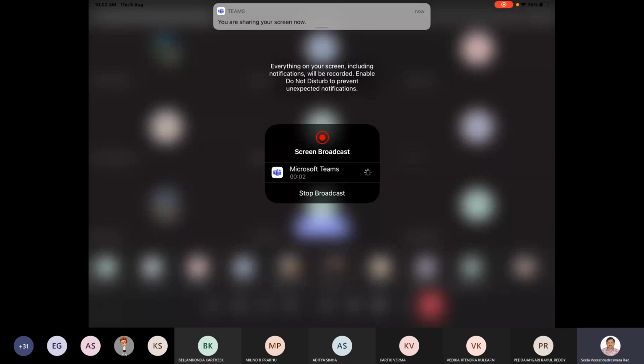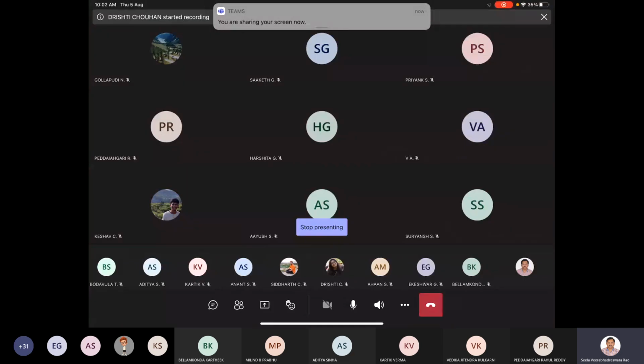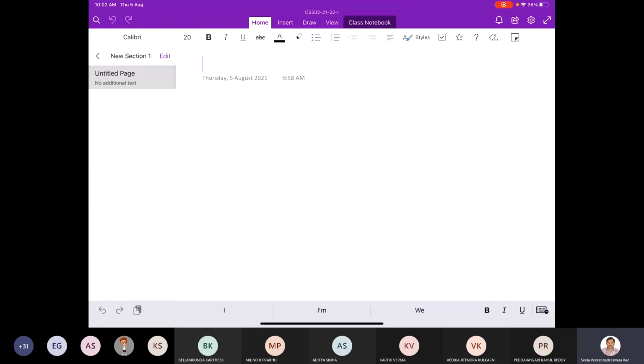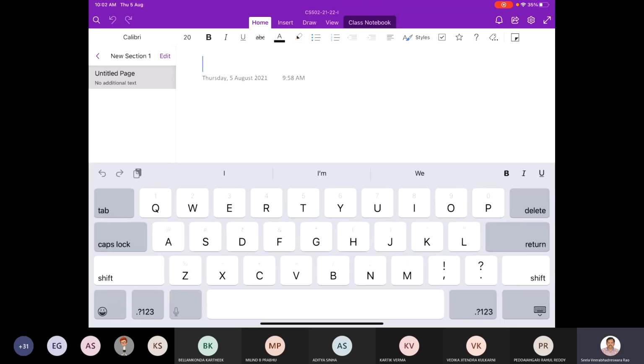So everybody able to see my screen? You're able to see that white screen? Yes, somebody has to respond. Yes, sir, we are able to see. Okay.